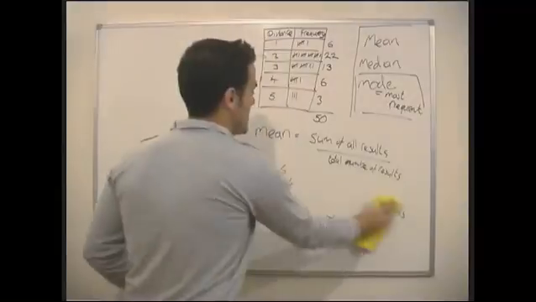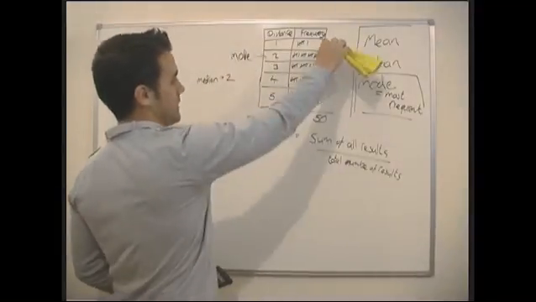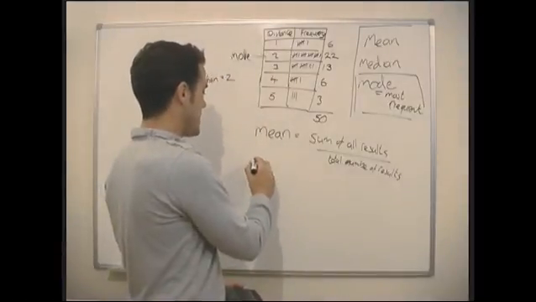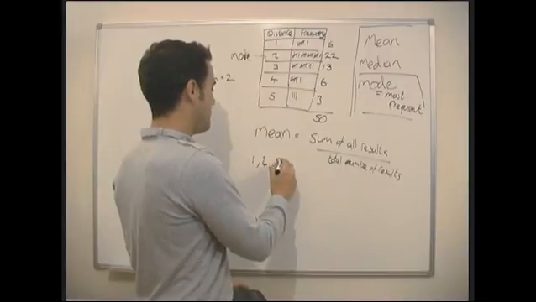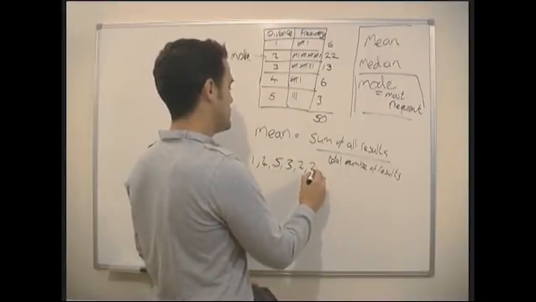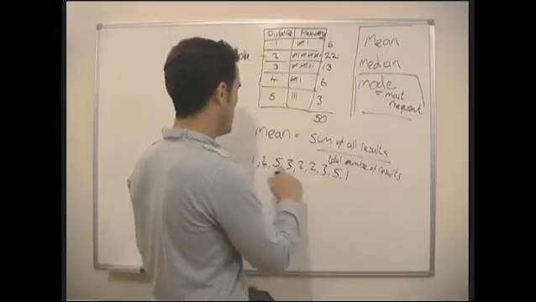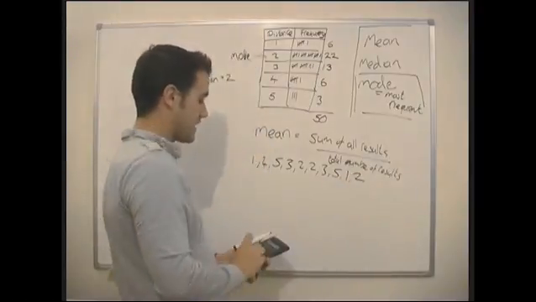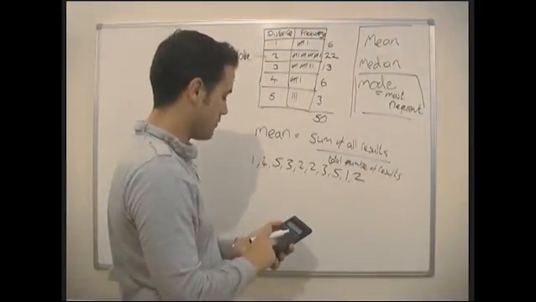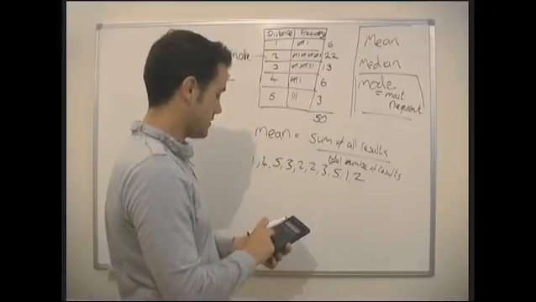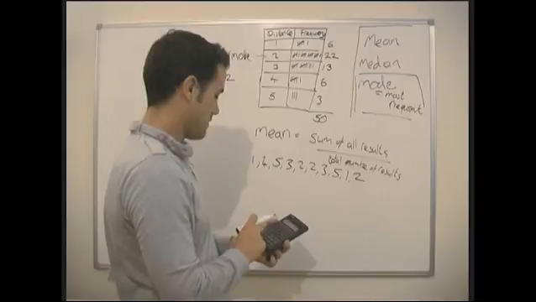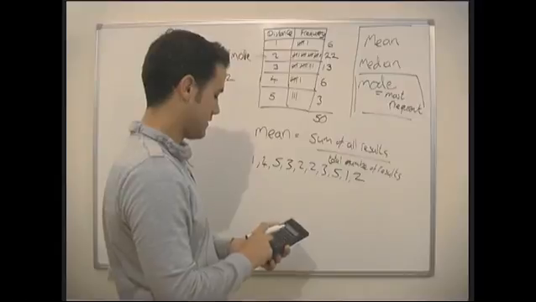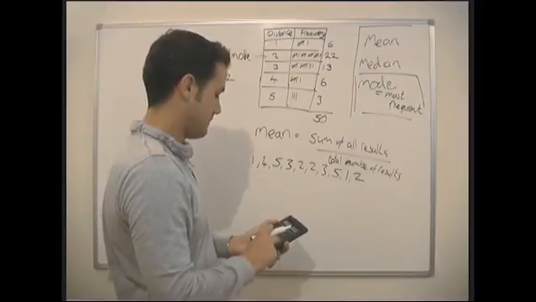Now, just quickly, for the mean, in this case we had to multiply, but like we did with the median, if you had just 10 values, 1, 4, 5, 3, 2, 2, 3, 5, 1, 2, you'd just add them up: 1 plus 4 plus 5 plus 3 plus 2 plus 2 plus 3 plus 5 plus 1 plus 2, and divide it by 10.